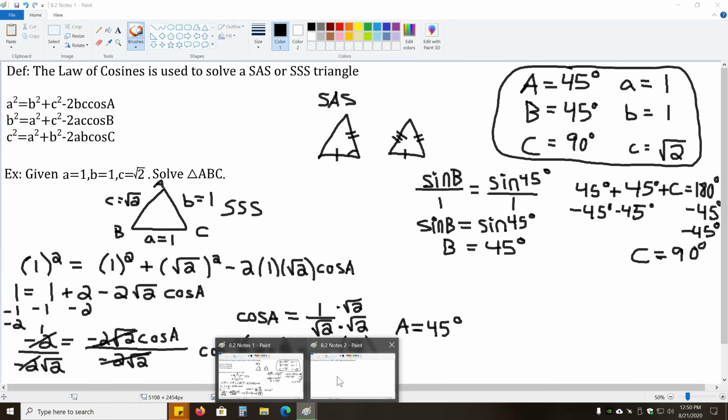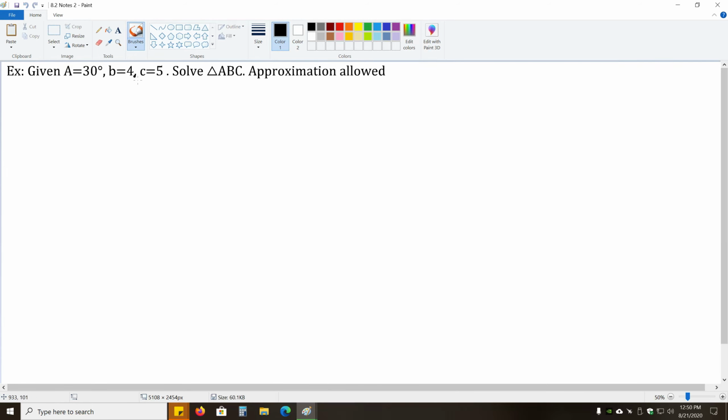So for the next problem, approximation will be allowed to show how to do this using a calculator.